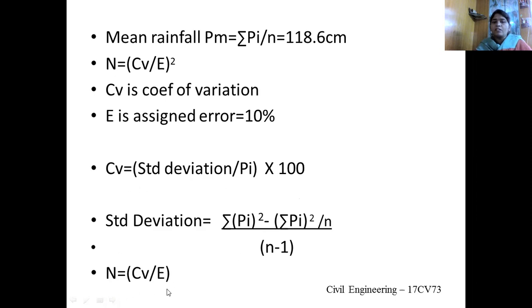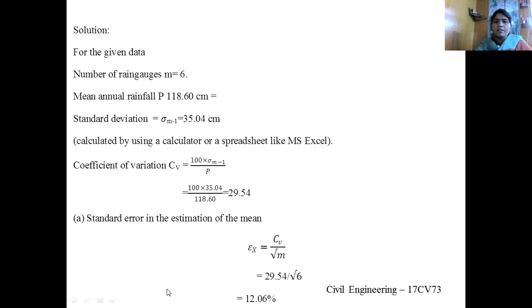And finally N is equal to CV by E whole square. So in this way, we get mean annual rainfall 118.6, and standard deviation value we get 35.04. Then we find out coefficient of variation 29.54 and standard error as 12.06.